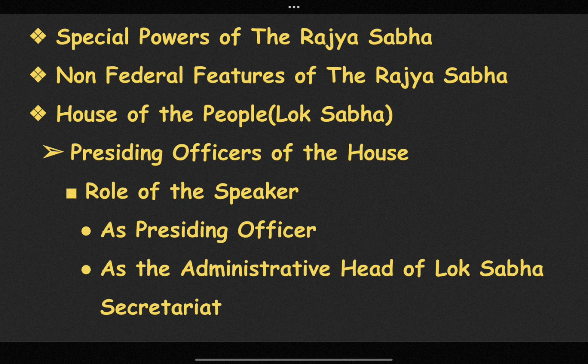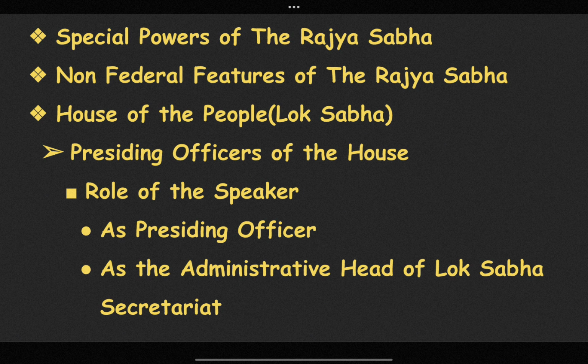So he is politically neutral. After the dissolution of the House, if he wishes, he can resign and contest, and no other can contest against him, and he is re-elected. Previously it was not term bound, but now it is fixed for 2 terms.